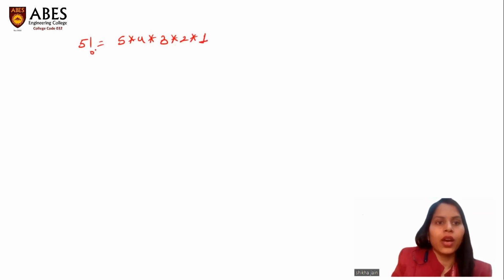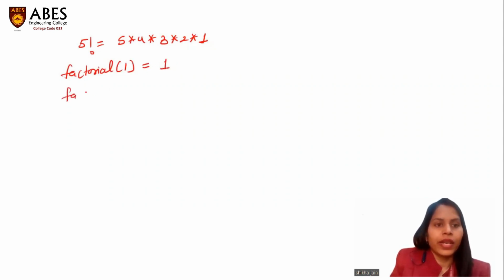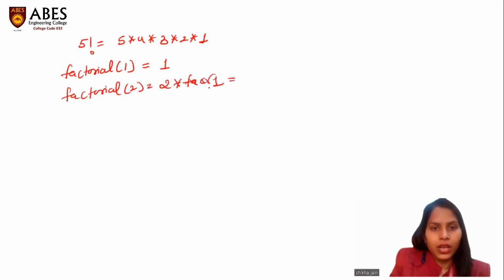Now, what is the factorial of 1? It is 1, right? If I write factorial of 2, it is 2 into factorial 1, that is 2 into 1.